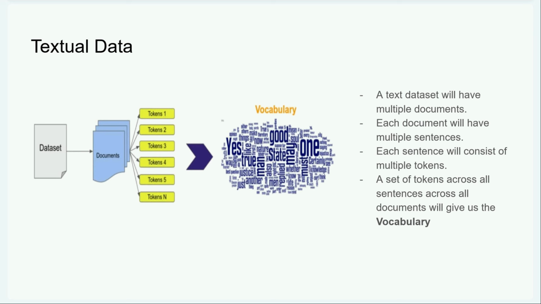Now, when you start understanding textual data, it is not like you're always looking at one single sentence. When we talk about text data while dealing with an NLP task or any machine learning task, we usually have a data set. That data set would be made up of multiple documents.